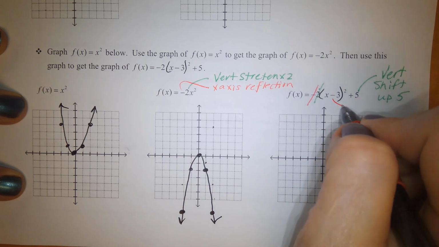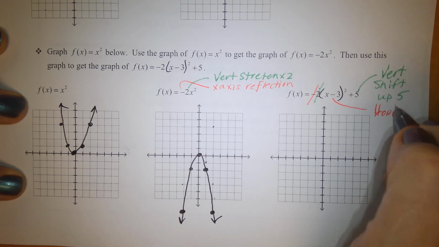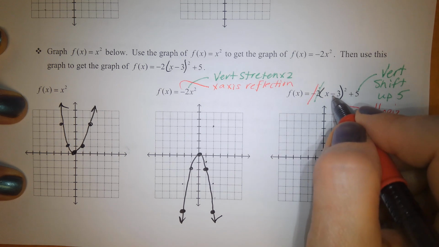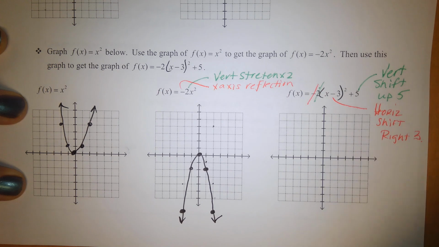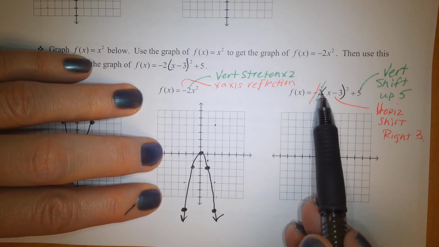The negative 3 is going to be a horizontal shift. Since it's negative, that means it's going to go right 3 units.